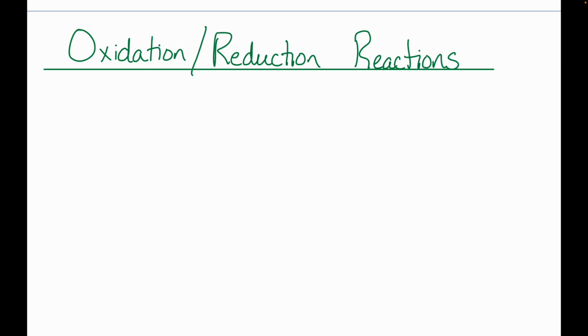All right, y'all would have learned about oxidation-reduction reactions in general chemistry. If you think back to Chem 1B, there was a whole electrochemistry chapter where you talked about oxidation-reduction reactions in the context of batteries, because these are reactions where electrons are being transferred.